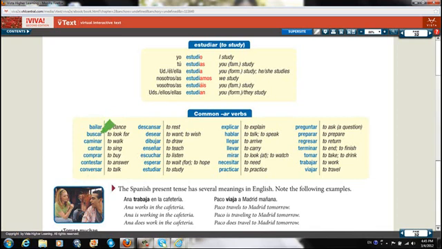So buscar, to look for. How about, let's see, I'm looking for my backpack. And we haven't had my, but we could guess? What's the yo form? Yo has an O on it. Take off the AR. Yo busco mi mochila. Mi is M-I, my. Yo busco mi mochila.